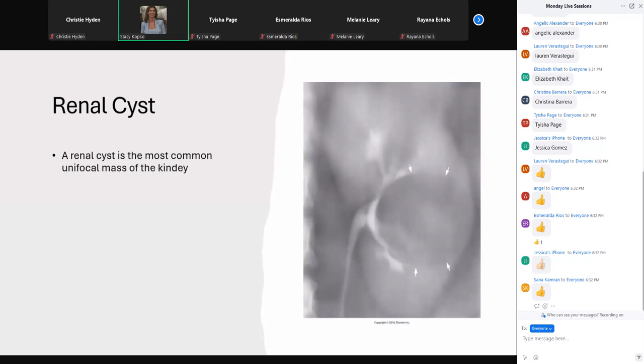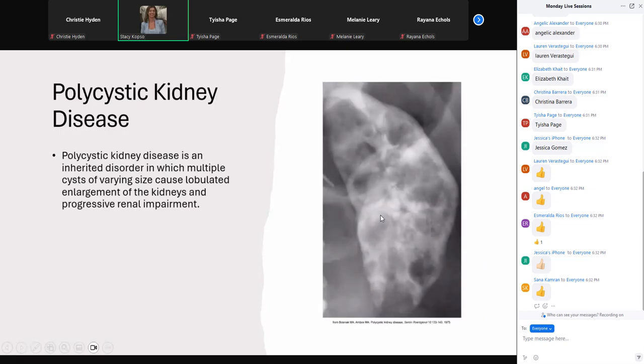Renal cyst, that's the most common unifocal mass of the kidney. You can see that round cyst right here on the radiograph. Polycystic kidney disease. It's an inherited disorder in which multiple cysts of varying sizes cause lobulated enlargement of the kidneys and progressive renal impairment. So it's very obvious here.